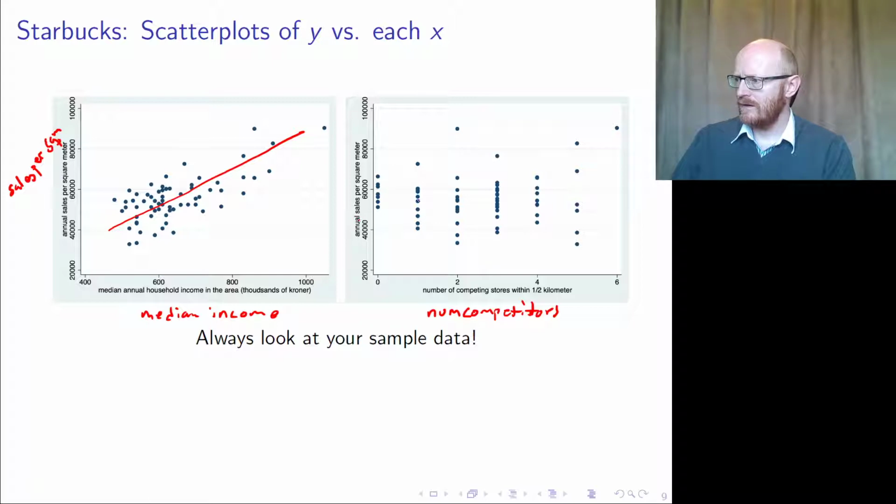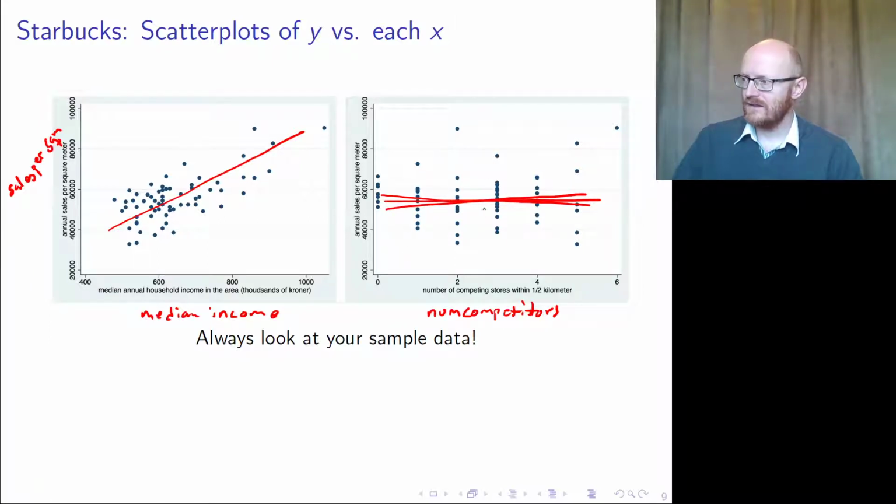Whereas here you see the annual sales on the y-axis and the number of competing stores within half a kilometer on the x-axis, and it's basically flat, right? Or maybe negative or slightly positive.